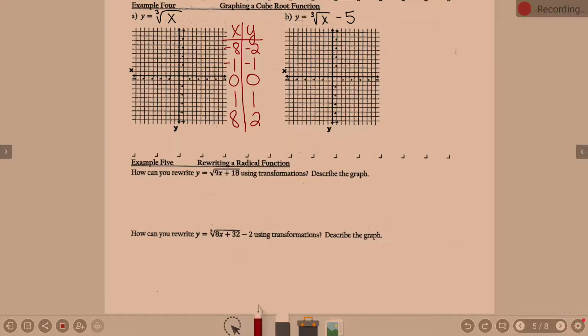Negative 8, negative 2 says I'm going to go left 8, down 2. Negative 1, negative 1. Left 1, down 1. 0, 0. Right 1, up 1. And 8, 2. Right 8, up 2.